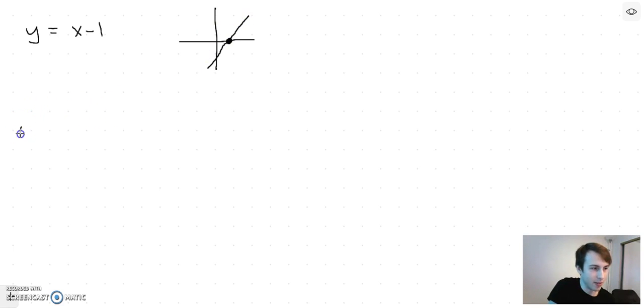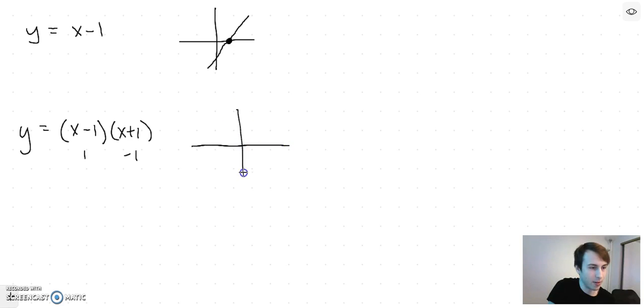Now let's consider y equals x minus 1 times, why don't we say, x plus 1. So now we've got zeros 1 and negative 1. So let's plot those. We've got negative 1 right here and 1 right here.